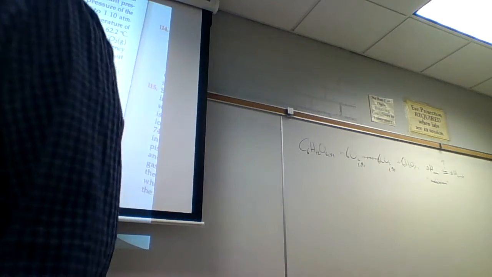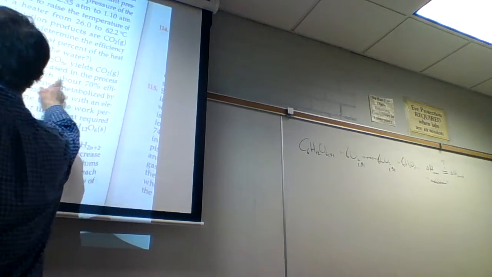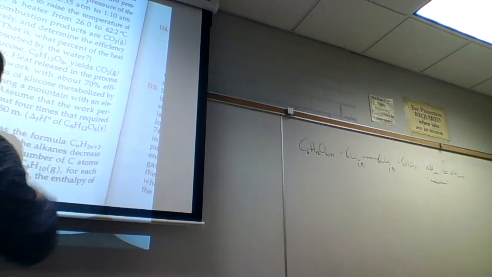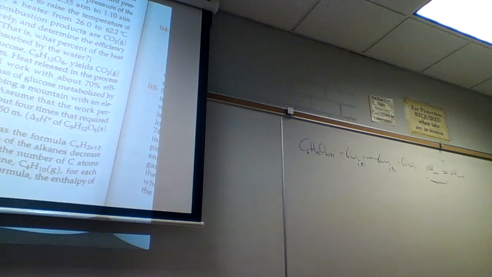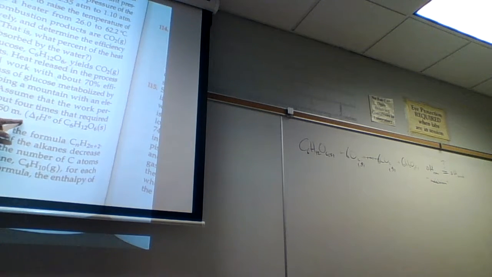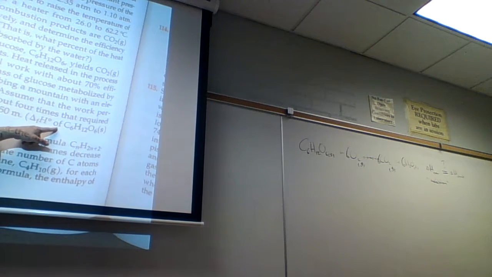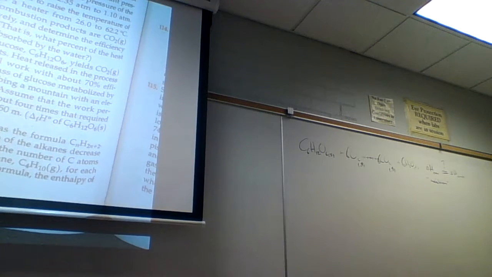So if we metabolize it, heat released in the process. Well, the first thing is, what is delta H? Actually, they don't tell us what delta H is. They tell us this one here, down here. And that is delta H of formation under standard conditions of C6H12O6 solid is minus 1273.3 kilojoules.